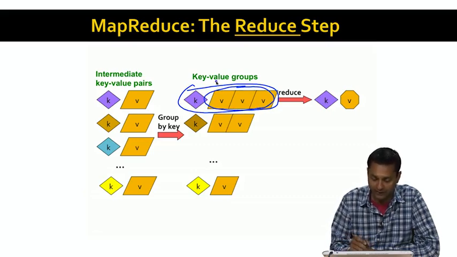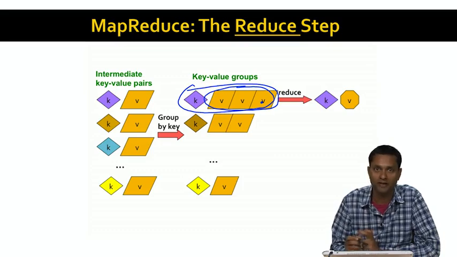For example, it could add up all the values. Or it could multiply them, or it could take their average, or it could do something more complicated with all the values for a given key. And finally, it outputs a single value for the key.